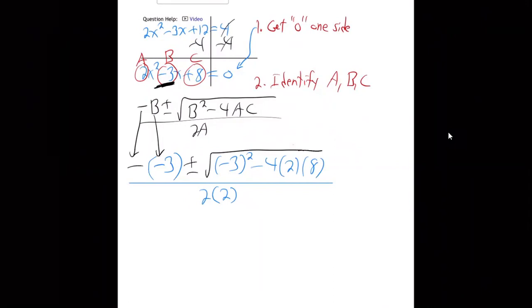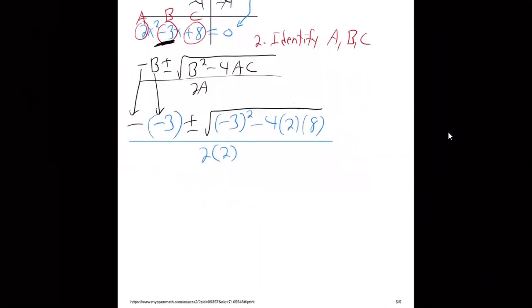Okay, so what becomes of that? Two negatives is positive 3 plus or minus the square root of 9 minus 64, over 4. I just multiplied 4 times 2 times 8, got that 64.